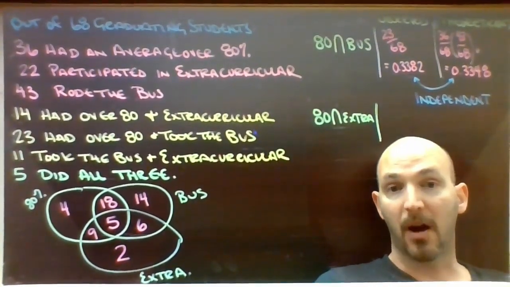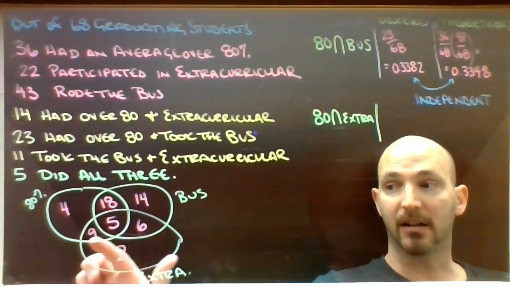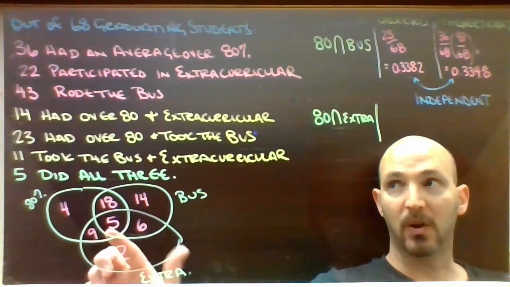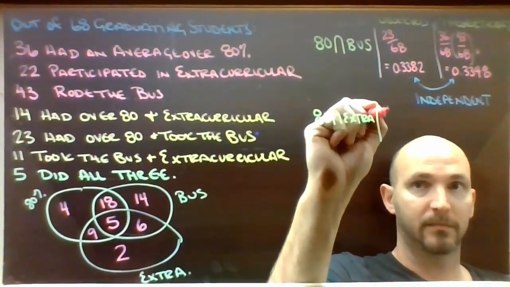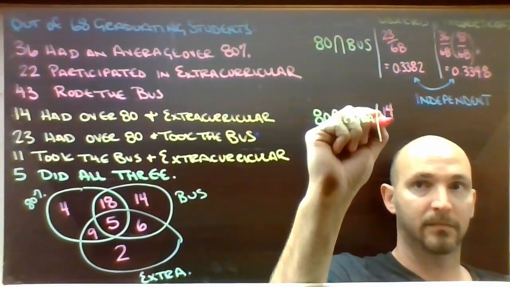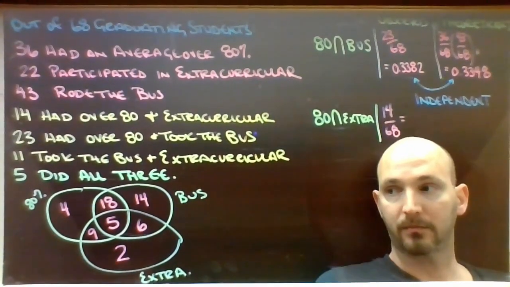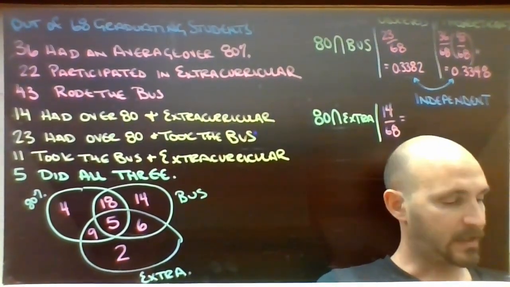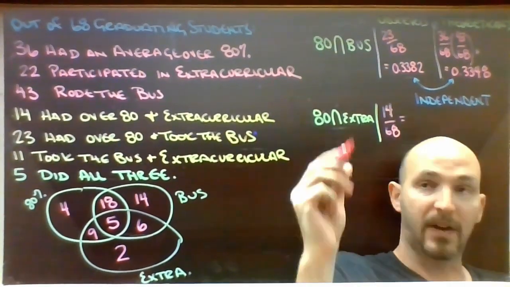So the observed probability for that, getting an 80 and extracurricular, is here. It's these 14 people out of 68. Now 14 out of 68 is 0.2059.